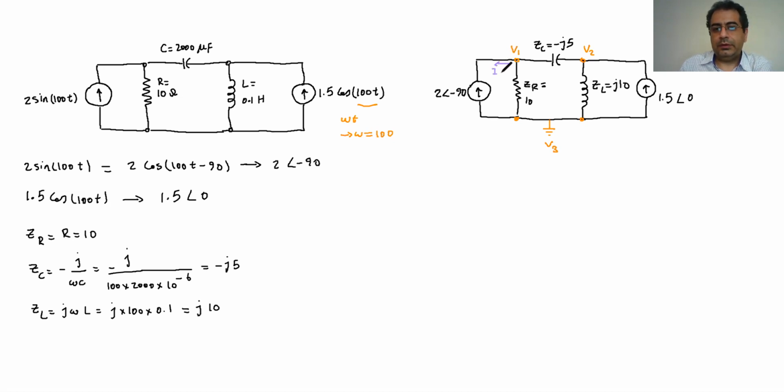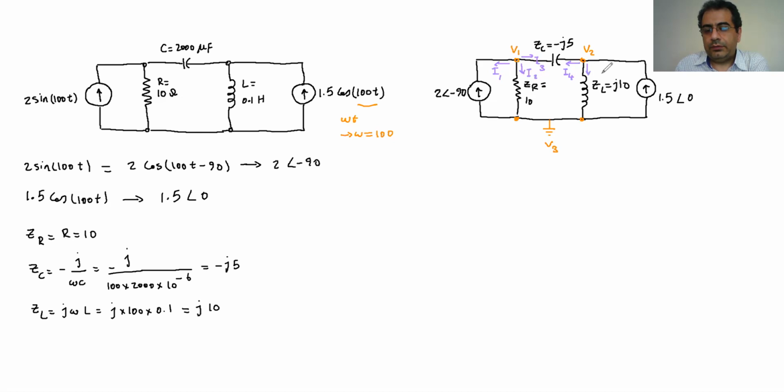I would call it I1, I2, and I3. The same here, assume the current leaving there, so I4.